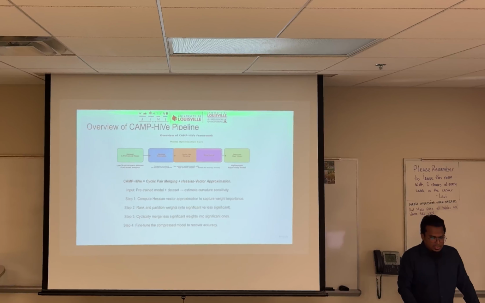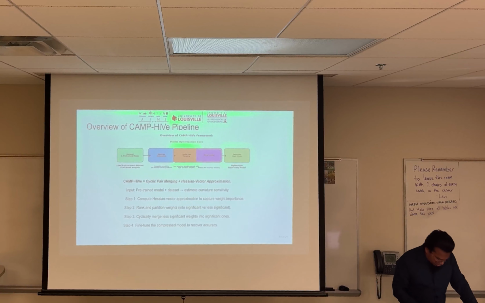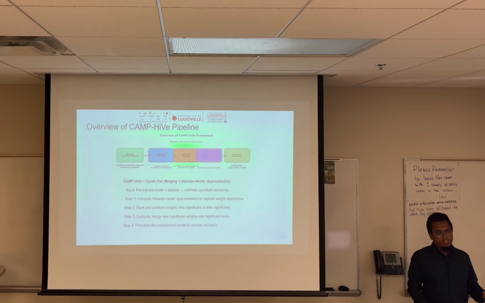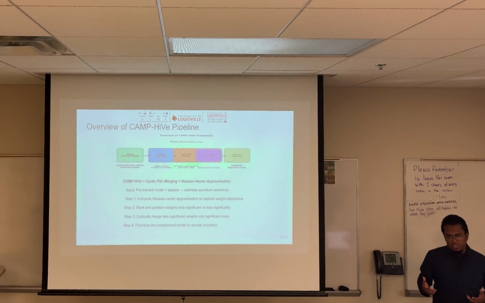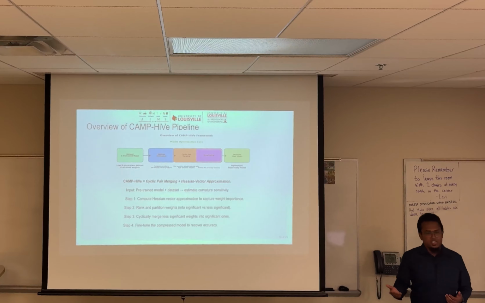And stage 4 is optional fine-tuning. We have seen in our work that up to 45% reduction in the model, we don't need fine-tuning. After that the accuracy gets degraded, and in that period you might need fine-tuning for the model. So this is an optional one.